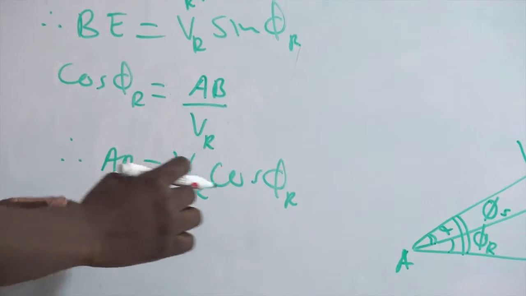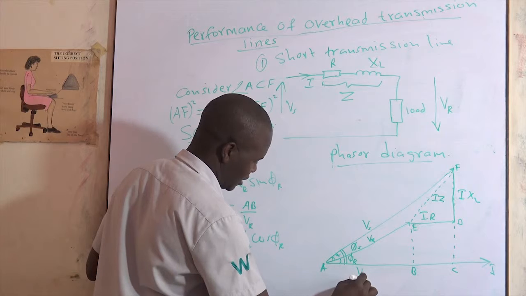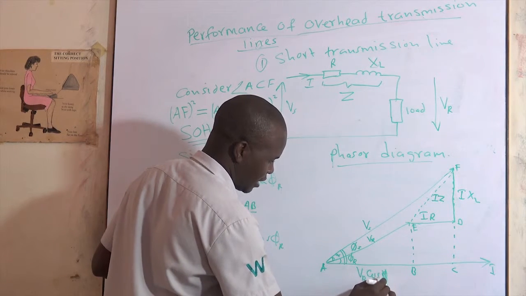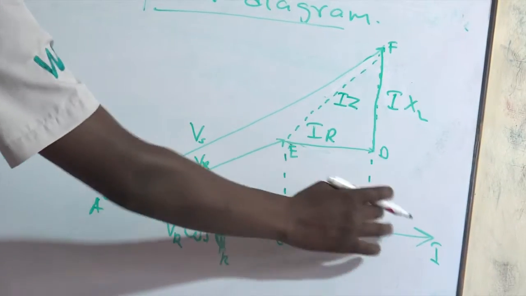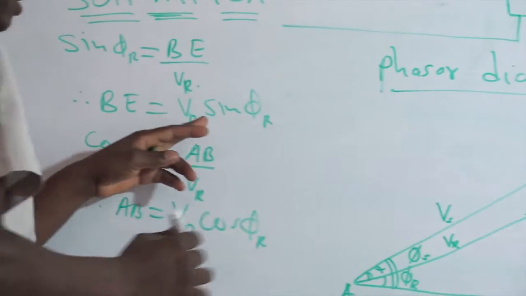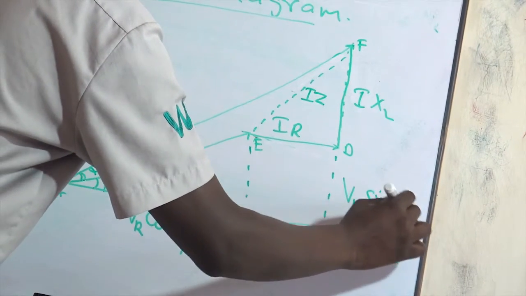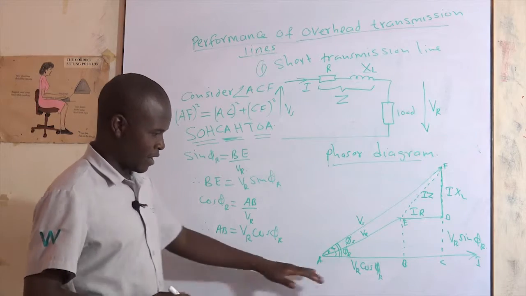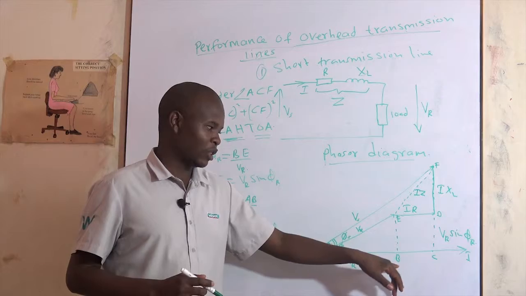And this length, CD, is the same as BE, which is VR sin phi r.